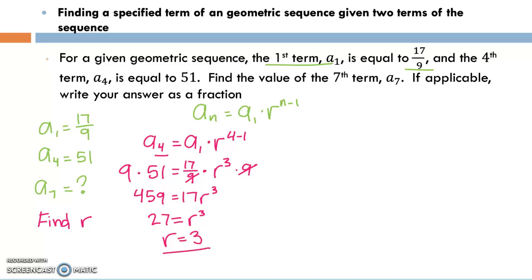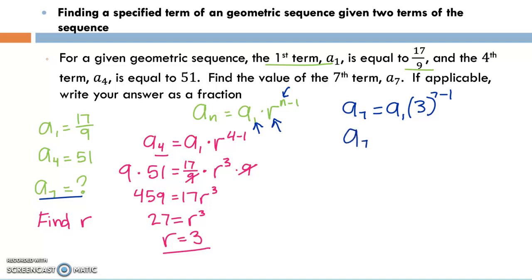So now that I know this, I'm going to use my equation again to find a7, because I know my first term, I know r, and I'll know n because I'm trying to find a7, or a sub n. So my seventh term is going to be equal to my first term times r, which I know is 3 now, to the 7 minus 1.